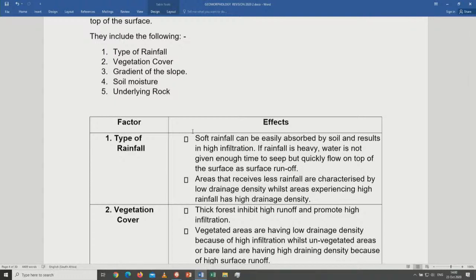If we start with the type of rainfall, we're having a soft rain. So immediately when we're having a soft rain, that simply means the soil will be able to absorb water. Then we'll be having less surface runoff.